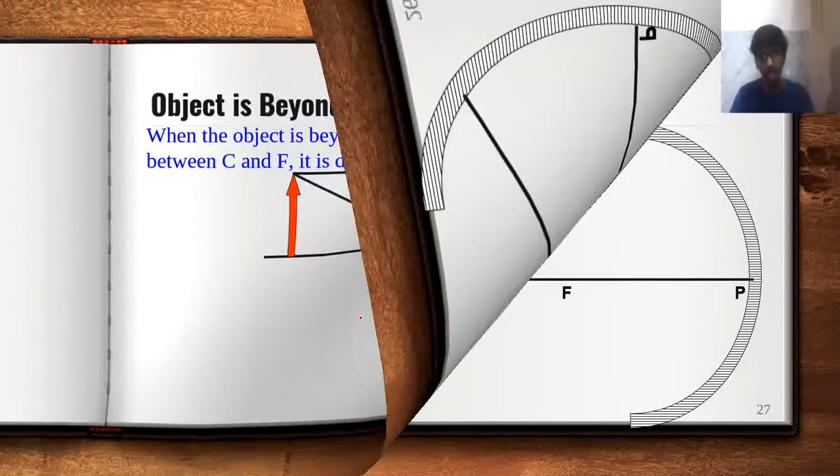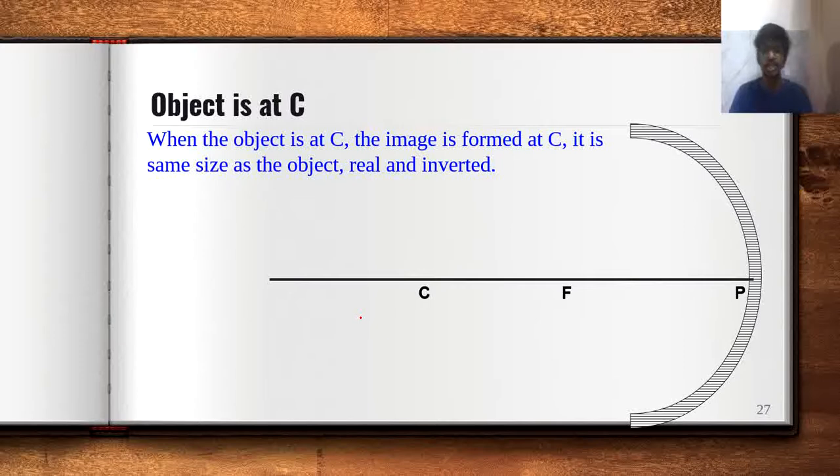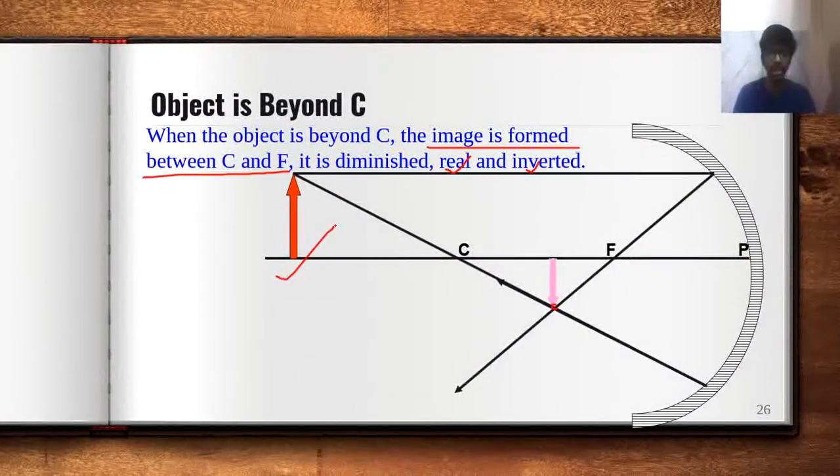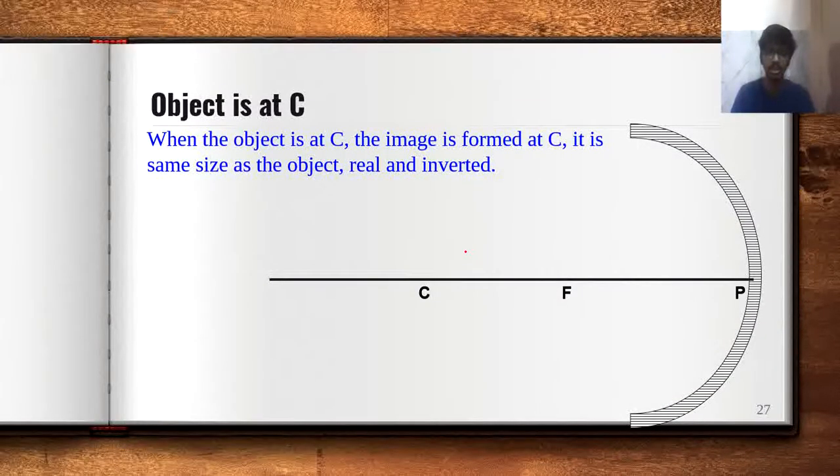Now the next point is object at C. You can understand it by the flow. Here is the object at the center of curvature. The first line will be the line parallel to the principal axis, and the corresponding reflected ray will pass through the focus.